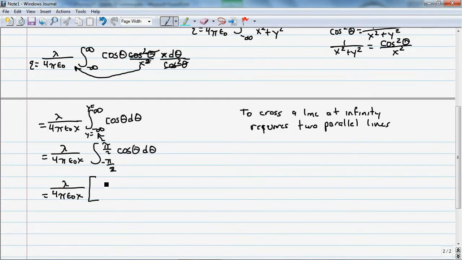The integral of cosine theta is sine theta, and we have limits of pi over 2 and negative pi over 2. So that's just going to be our constants, lambda over 4 pi epsilon naught times x, times sine of pi over 2 is 1, minus sine of negative pi over 2 is minus 1.